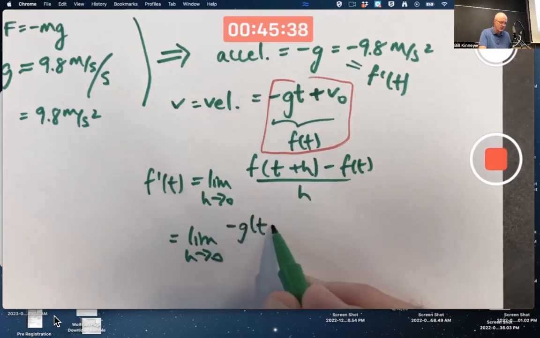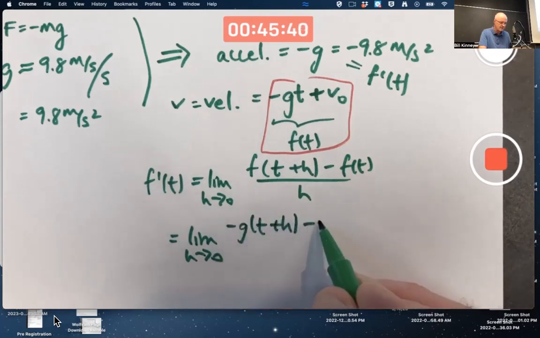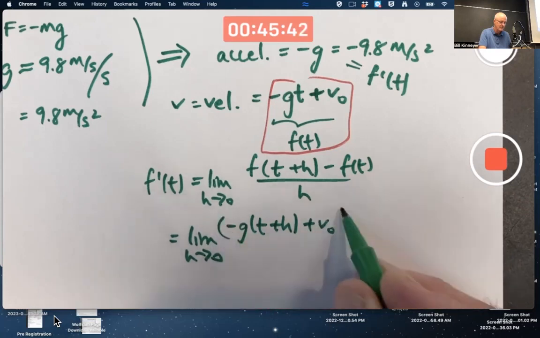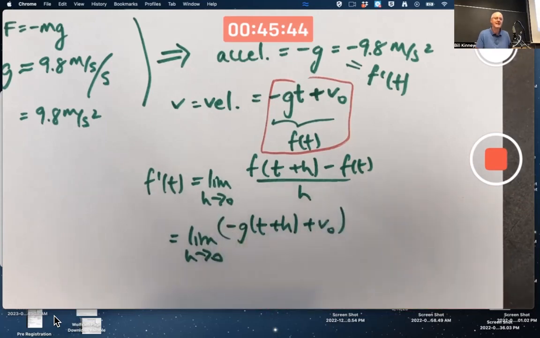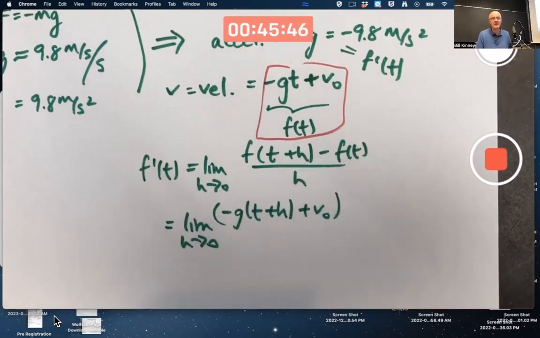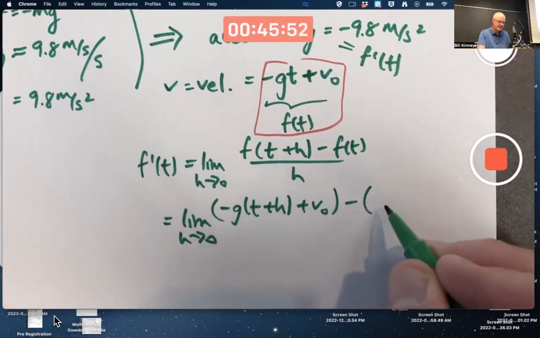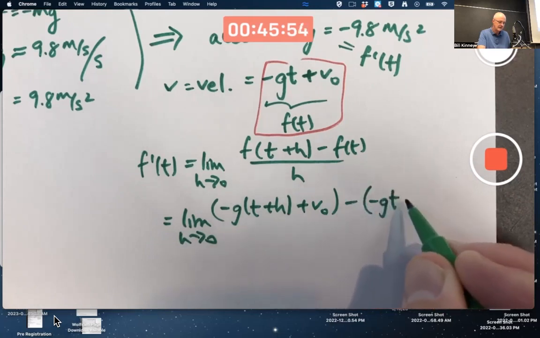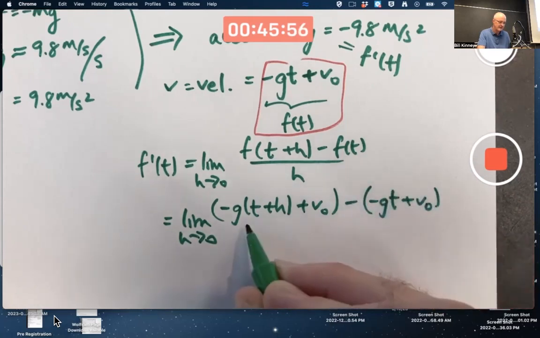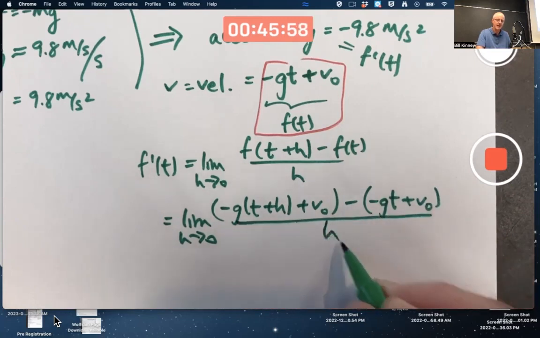So many letters, so few numbers. Well, all the letters represent numbers, so it really is a bunch of numbers. There's f of t plus h. What's f of t? Careful about parentheses. It's that. Divide by h.